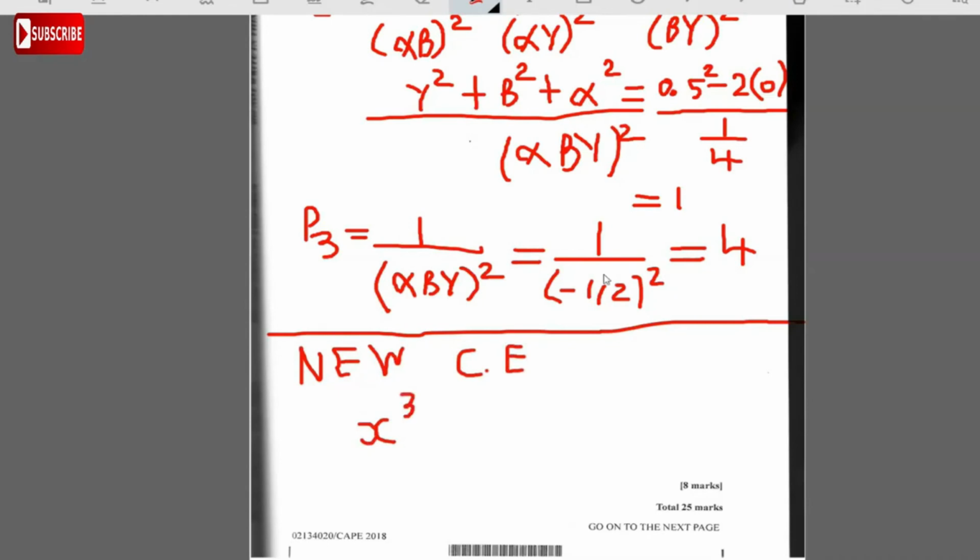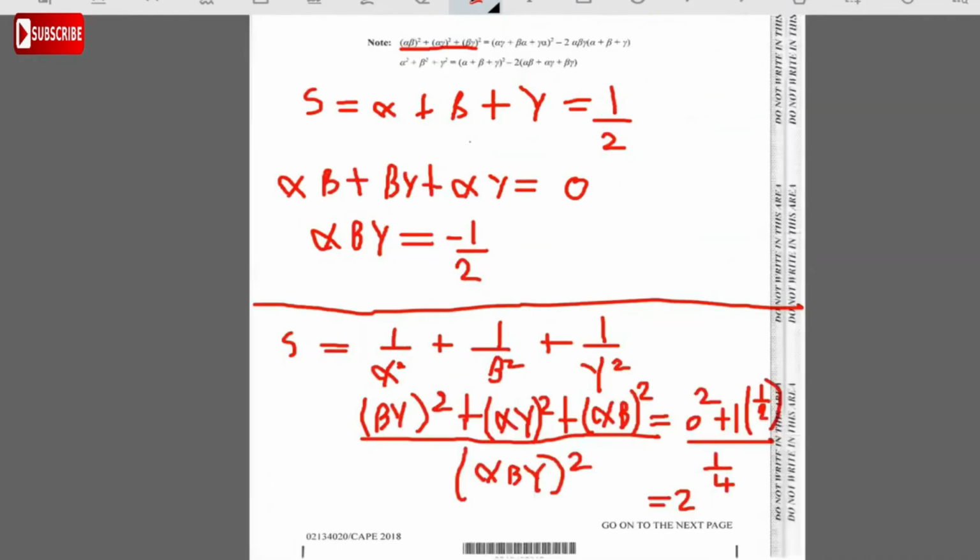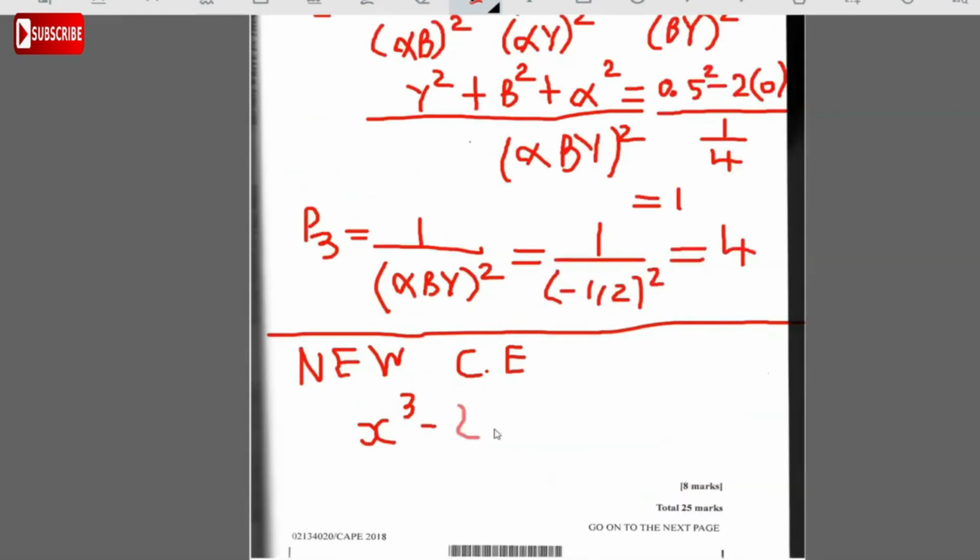The sum of the roots is 2, so it's x cubed minus 2x squared plus the product of the roots. The product of the roots is 1, so it is plus x, minus the product by 3 of the roots, which is minus 4, and that's equal to 0. That's the new cubic equation.